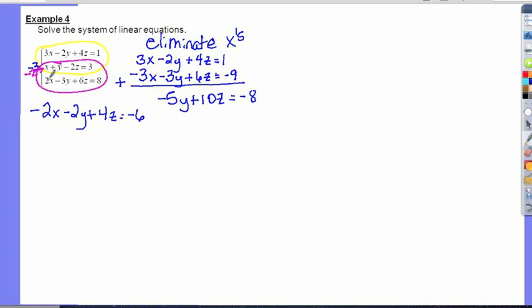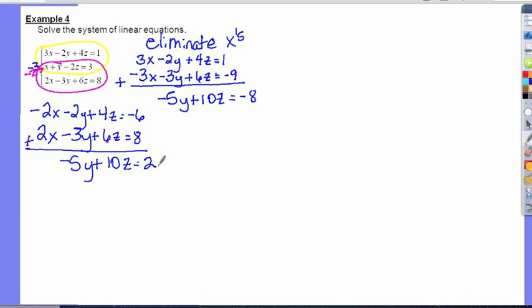The third equation down here at the bottom, that one didn't change. 2x minus 3y plus 6z equals 8. Add them together. X's are gone. That's -5y plus 10z equals +2.